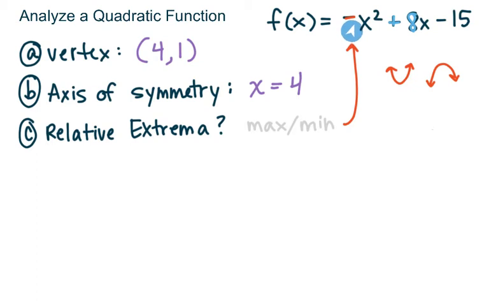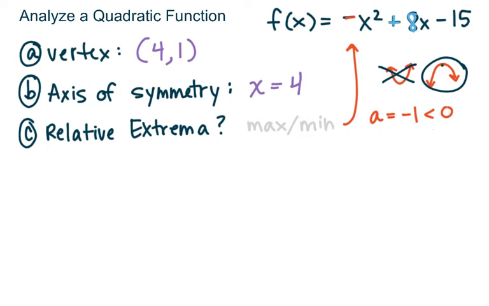And that can be determined by looking at the leading coefficient. In this situation, a is equal to negative 1, which is less than 0, or negative. So since that a value is negative, we know that the graph opens down like a frown.